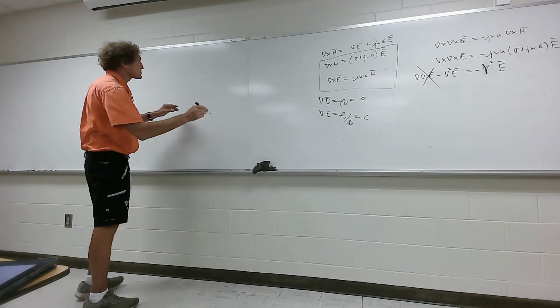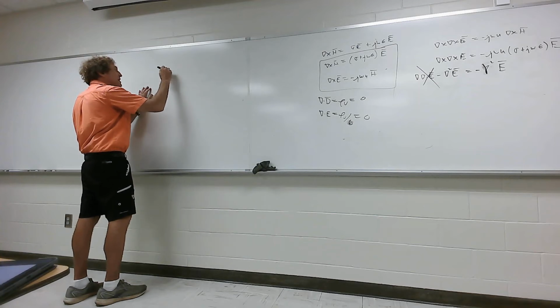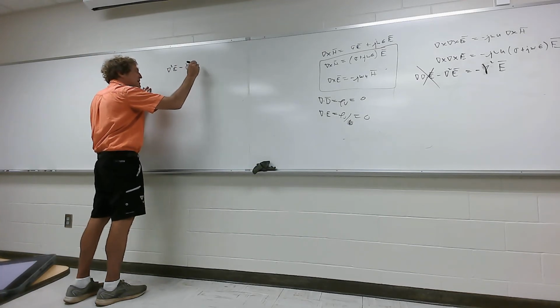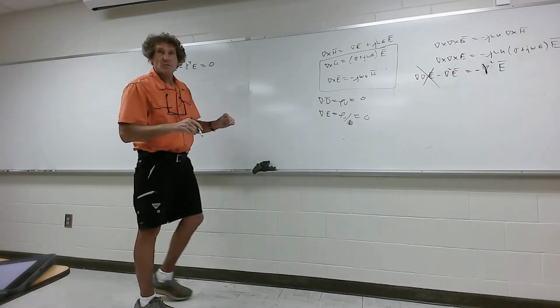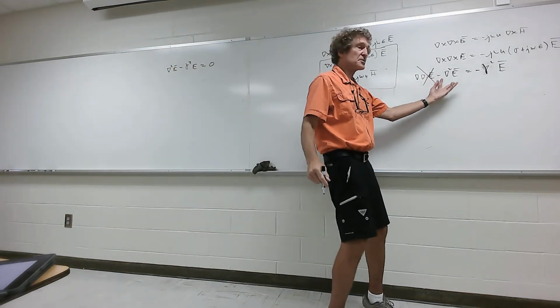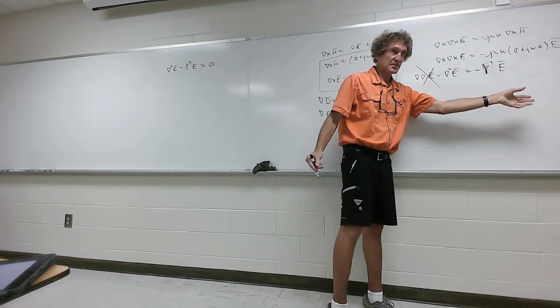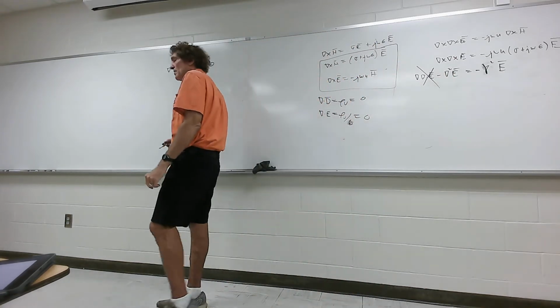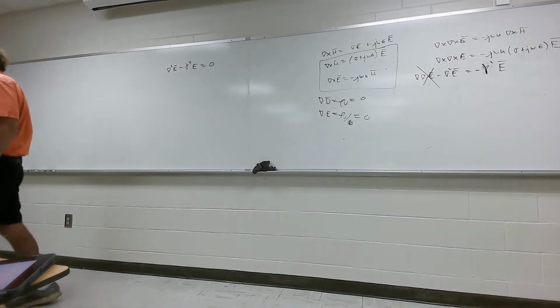Alright, so when we take a look at del squared of E minus gamma squared of E equals 0. Only thing I did is I took this del squared of E with a minus sign, take it to the other side. Y'all with me now? Now I have one equation, one unknown, and I've assumed it's charge-free.